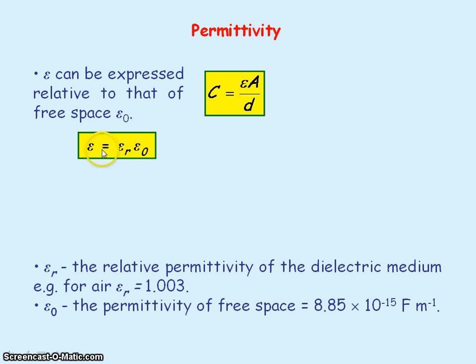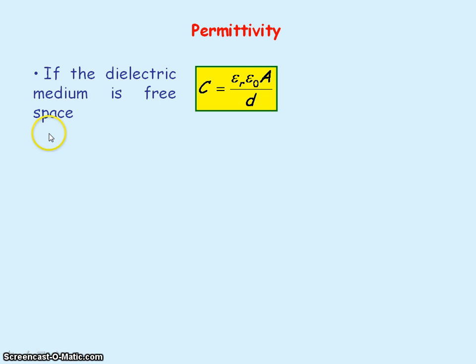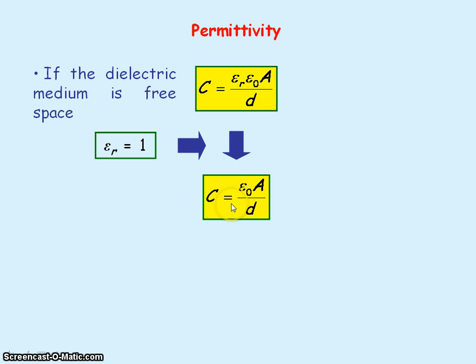And so if we substitute for epsilon into this equation, we get this. If the dielectric medium is free space or air, then the relative permittivity is equal to 1, and so the capacitance will equal epsilon naught A divided by D.